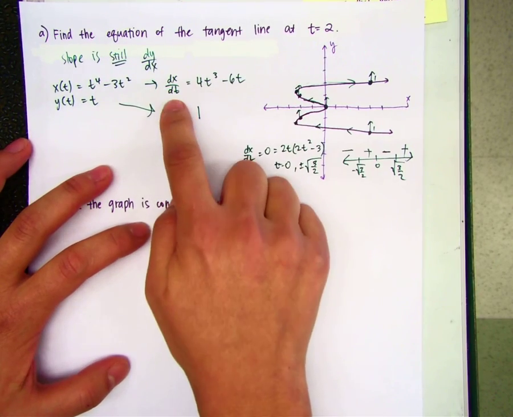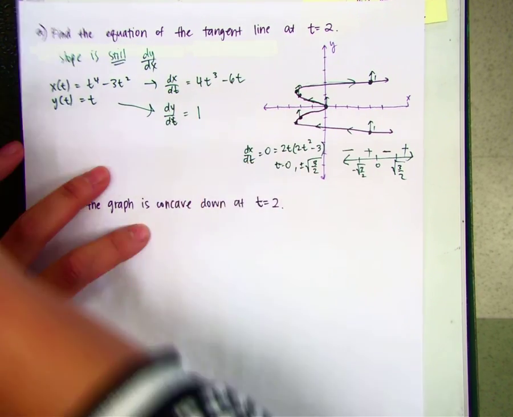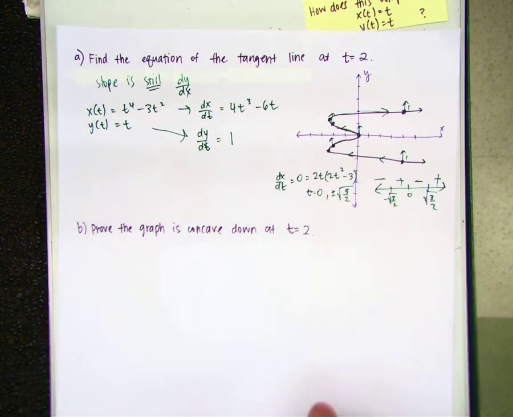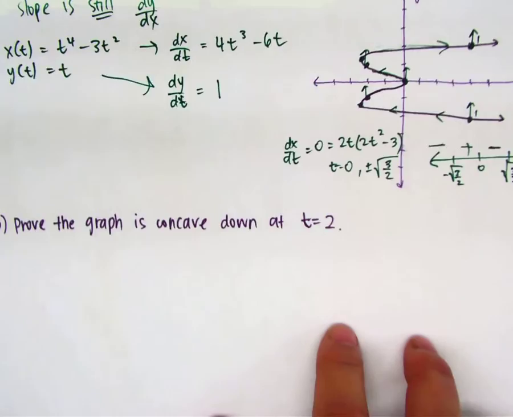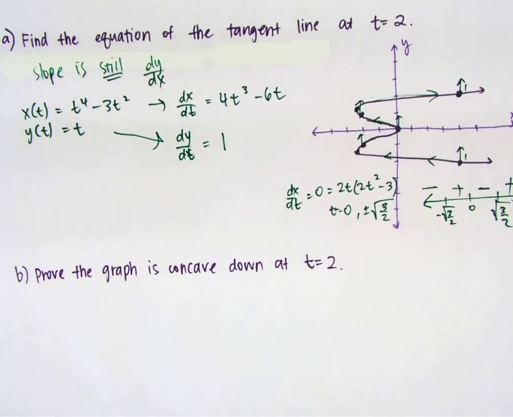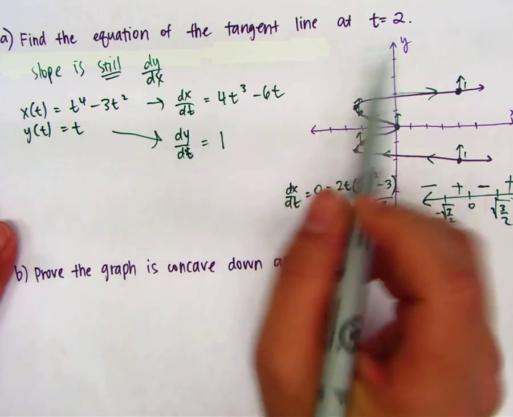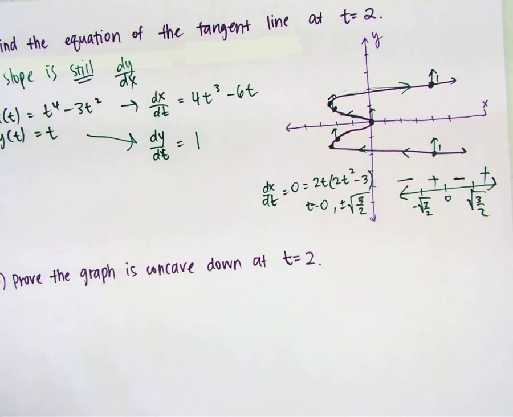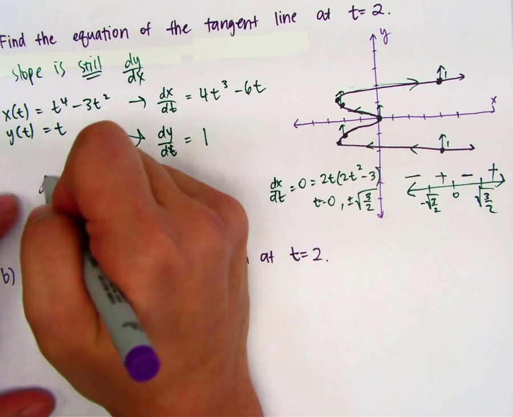The dx dt and dy dt, the change of x and the change of y, is what that tells you. However, the slope is still dy dx, which means we don't want the t in there. So dy dx would be the same thing as dy dt over dx dt.